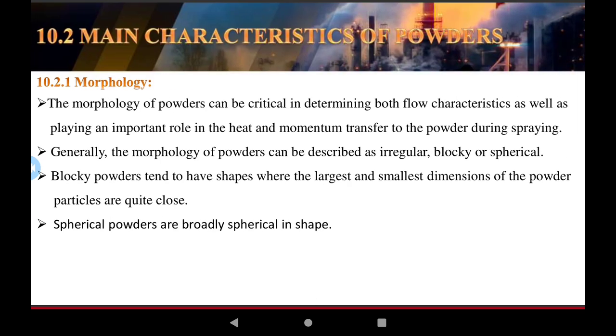The main characteristic of the powder method: the morphology. The morphology of the powder can be critical for determining flow characteristics and plays an important role in the heat and phenomena transfer to the powder during spraying of the material.